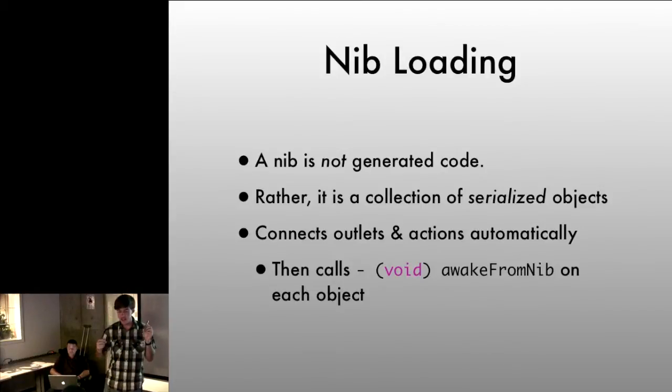The idea is, if you've heard of, in Java, serializing objects, basically writing objects out to file, a nib is a bunch of objects written out to file, and then when you load a nib, that file just gets read and everything gets created on the fly, reading things out of the file and then creating them and putting them on the screen. And then once it's done doing that, it calls this method awakeFromNib. And at that point, you're guaranteed that everything that's in the nib is there and loaded, and if there are outlets, they're all connected. Until then, you don't have that guarantee.